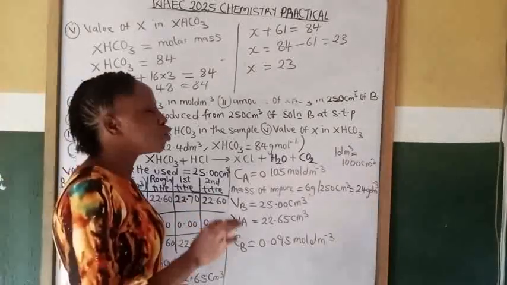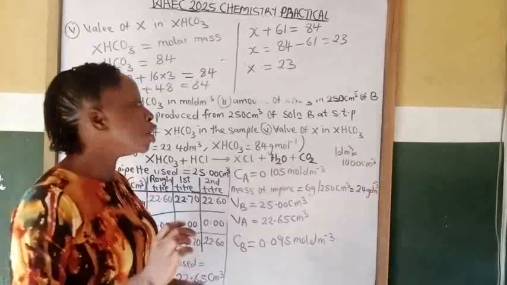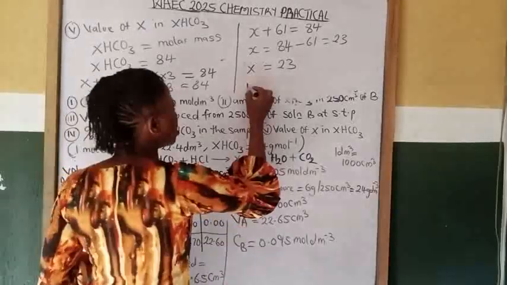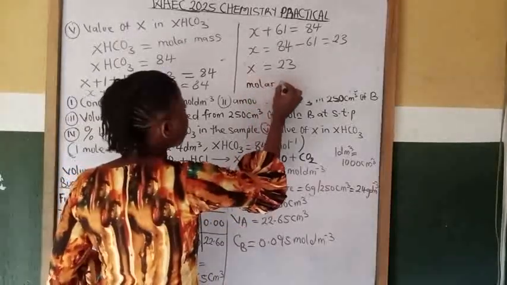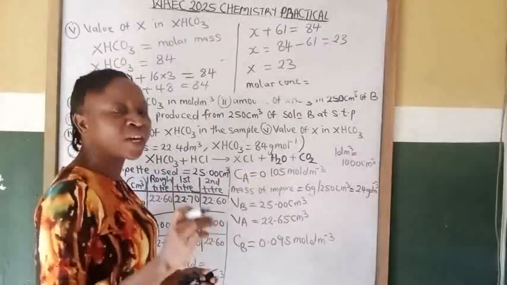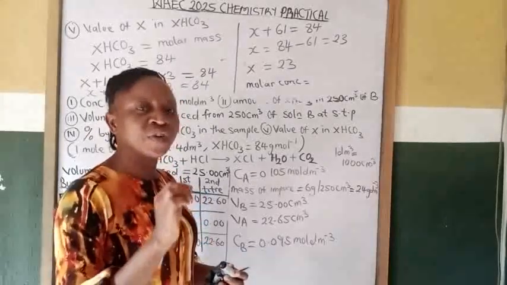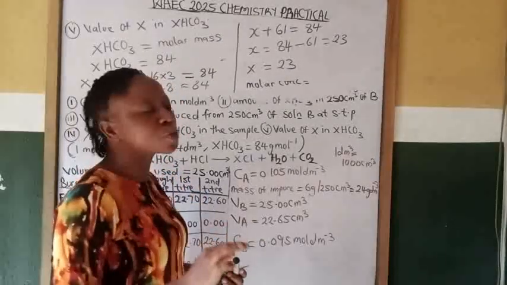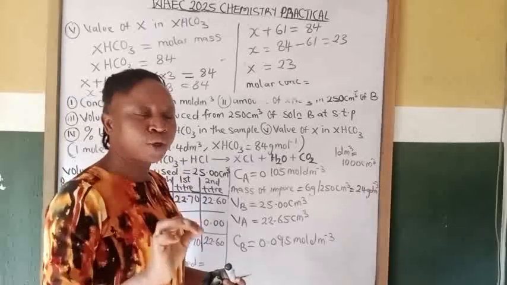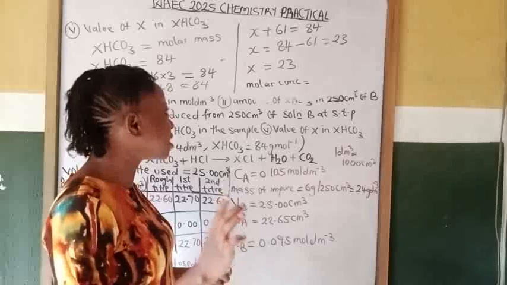Then ensure that you put accurate units. Your molar concentration must be in 3 significant figures. So if your figure is more than 3 significant figures, ensure that you convert it to 3 significant figures.